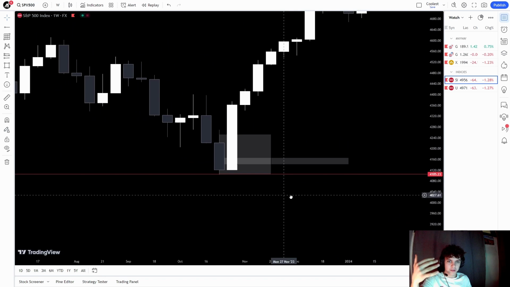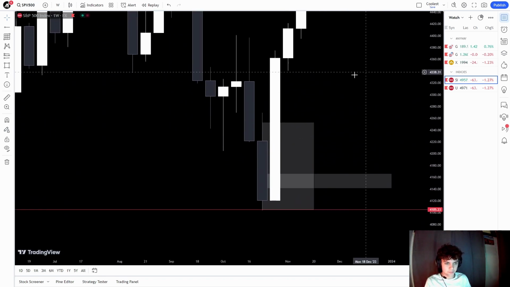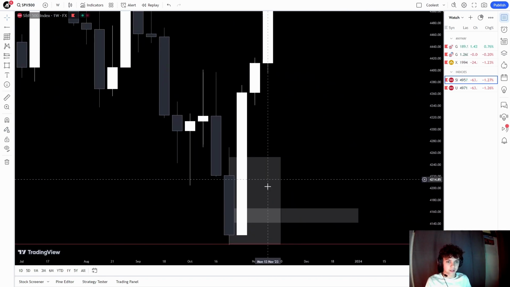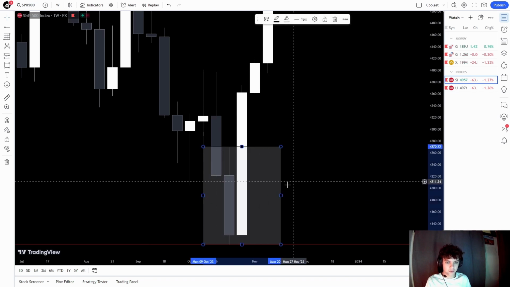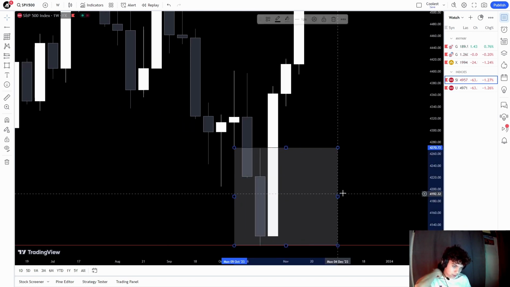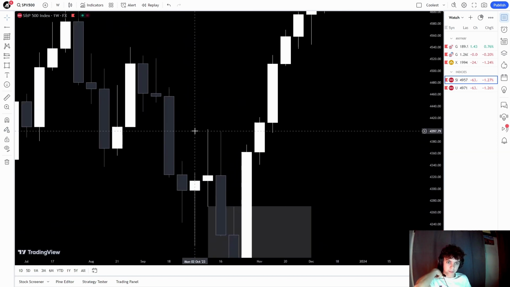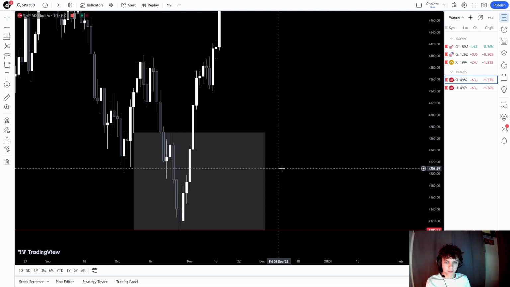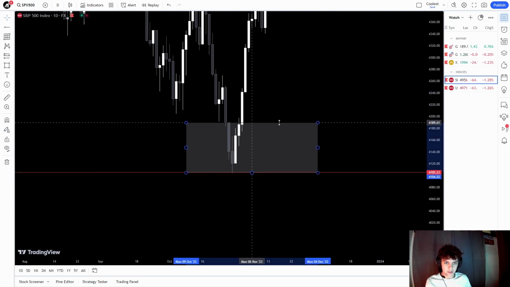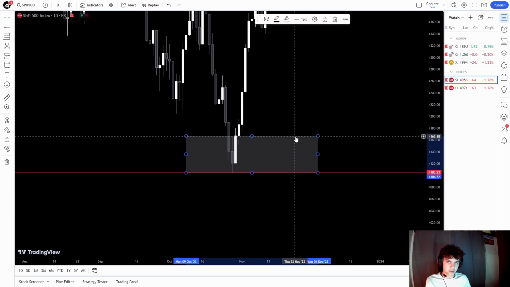As you can see, on a higher time frame, this whole thing is the order block, a break of structure to the upside, leaving this order block behind. But on the lower time frame, it was only this. So you gotta keep that in mind.